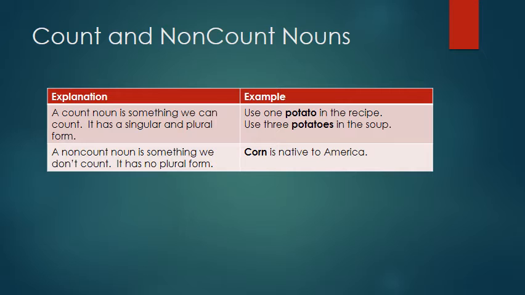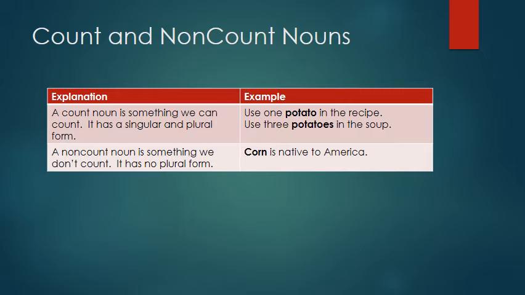If you remember, earlier on we talked about the difference between action and non-action verbs, and I said the whole reason for learning the difference is so that you know non-action verbs are not used in the continuous tense. This is a similar situation. We need to know the difference between count and non-count nouns because they're not used the exact same way.